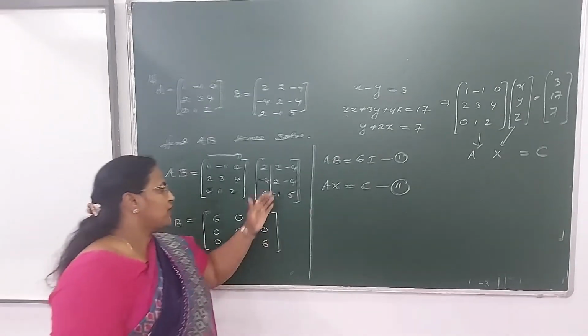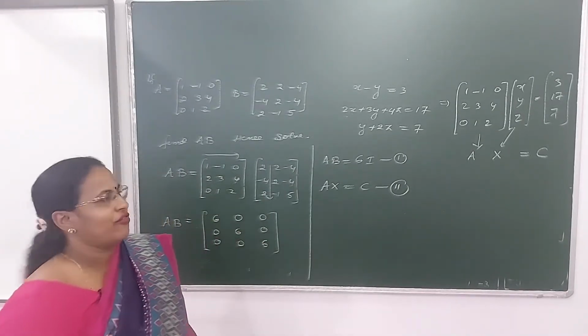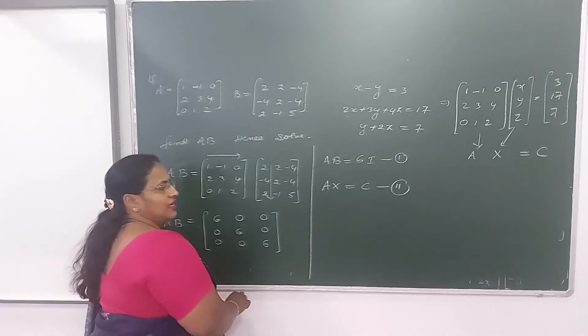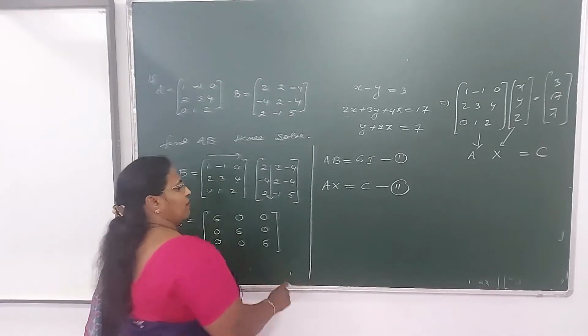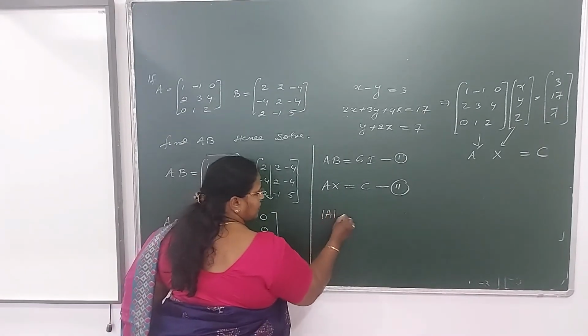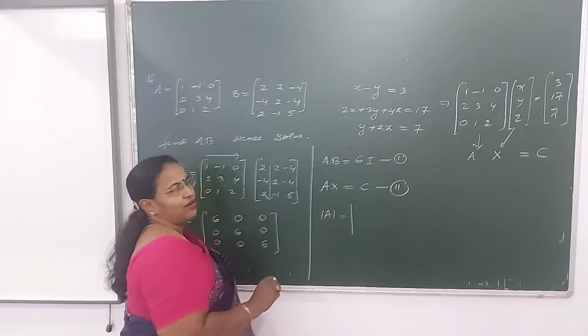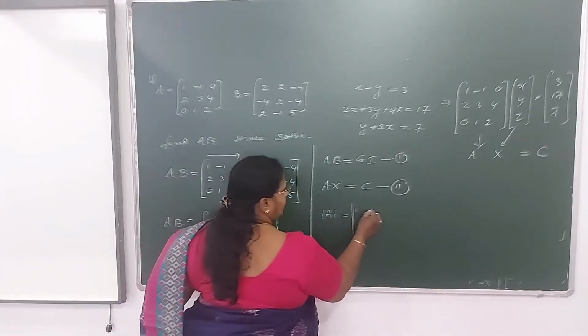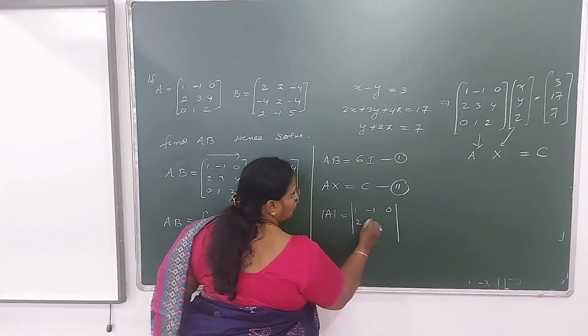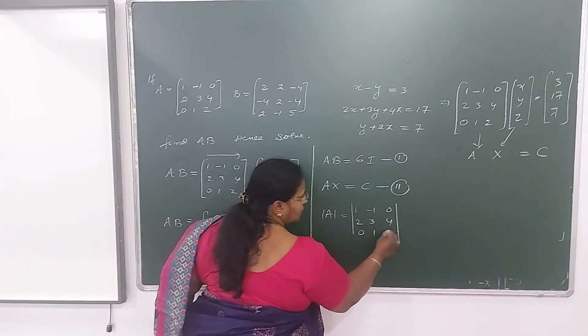Let it be equation 2. Now with the help of the first and the second, you have to get the value of x. So for that, let us find out the determinant of A first. Determinant of A is 1 minus 1 0, 2 3 4, 0 1 2. Let us solve this.